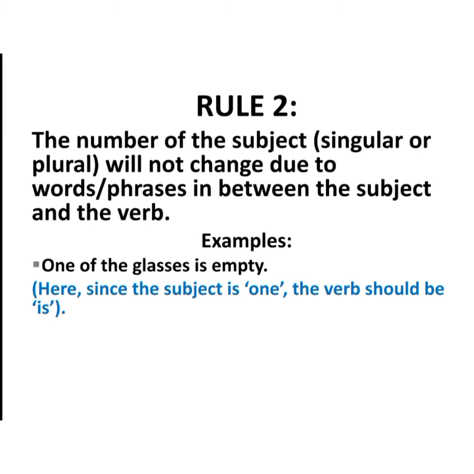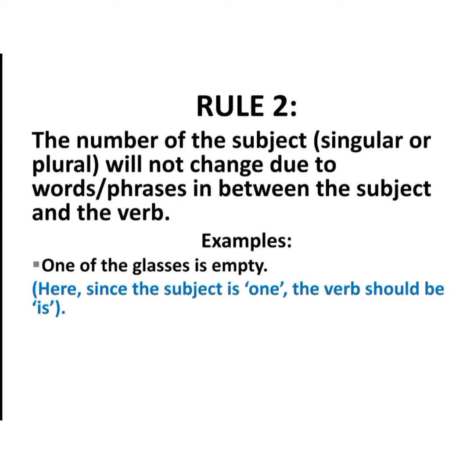So here one is the subject, okay, not glasses. So the verb should be is, because this is singular subject. One is singular, therefore it must be followed with singular verb is. Do not pay attention to the subject in between.